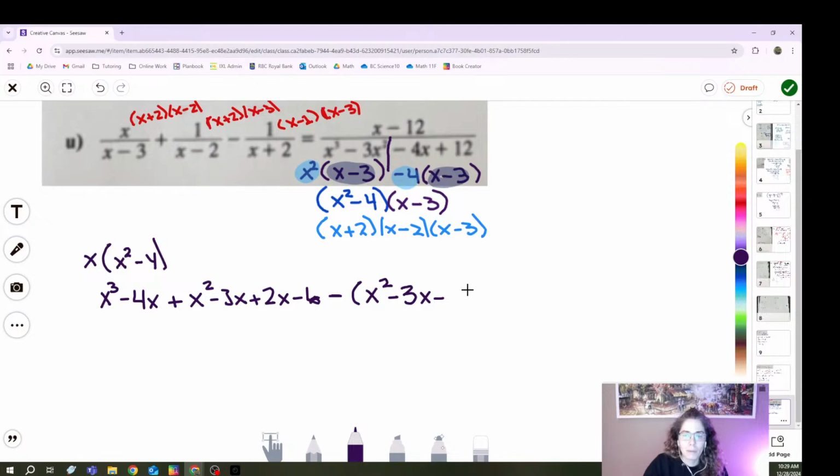Yeah. Okay. And now on the right hand side, we had everything we needed, so that's just the x minus 12.